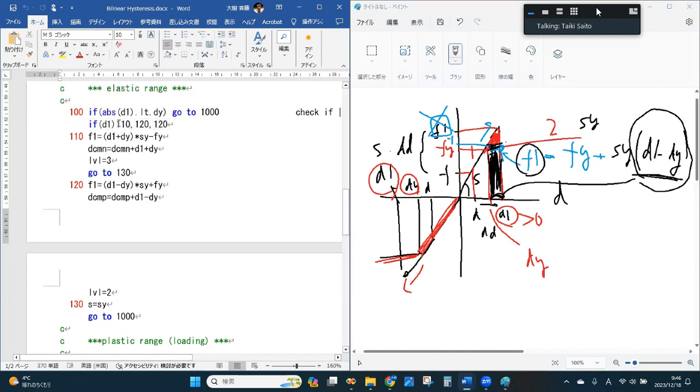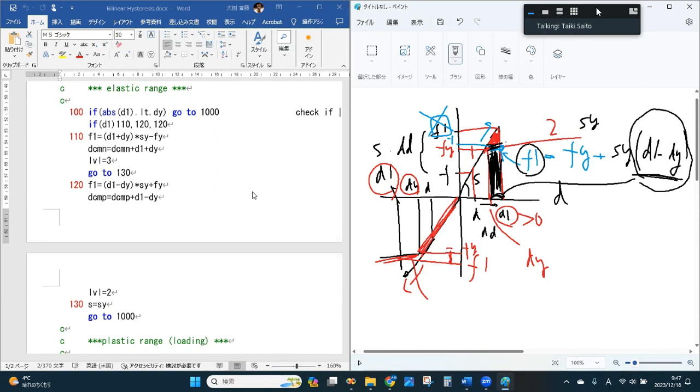So you jump to 110. 110 is this line, which gives the shear force over here and the force over here. So this point is minus Fy, a little bit smaller. Okay? It's the same concept.